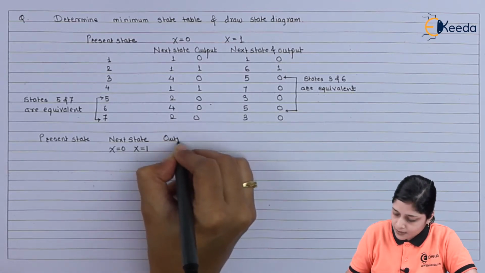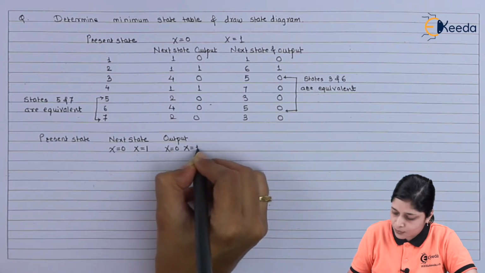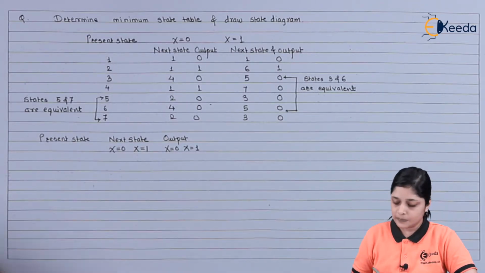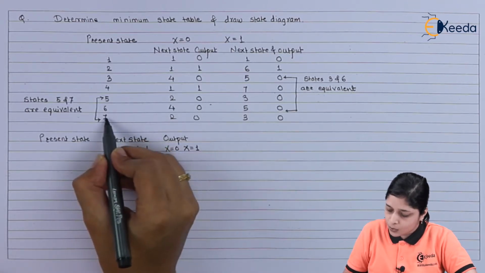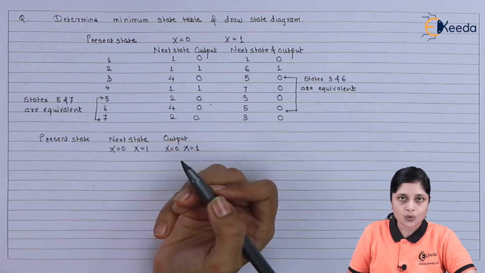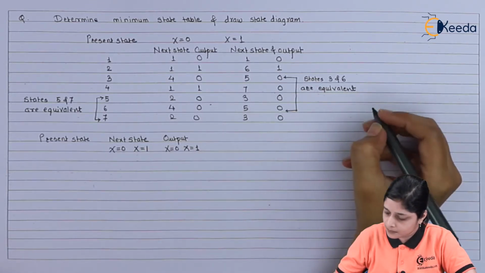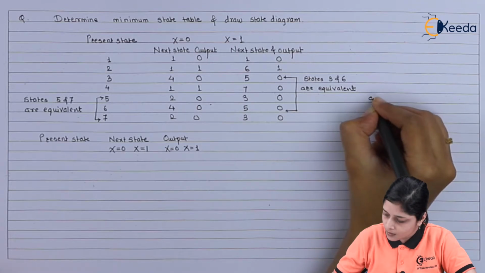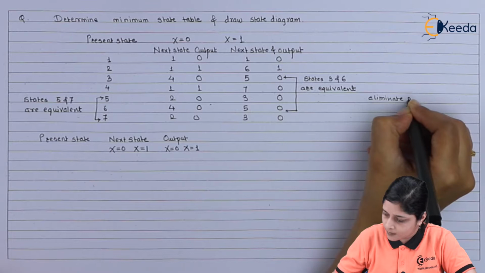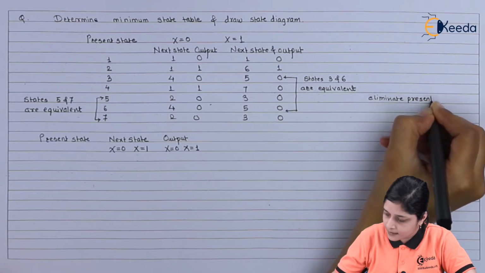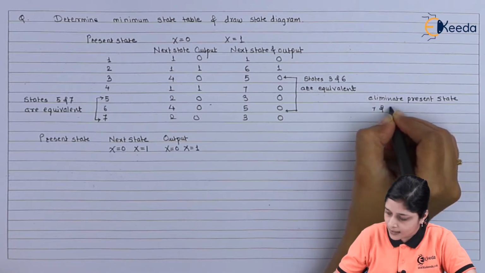Then we write the output y for x equals 0 and x equals 1. So we are going to eliminate row number 7 and row 6, that is present states 7 and 6.